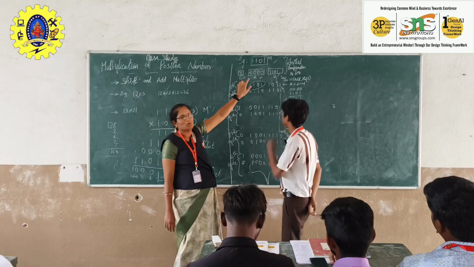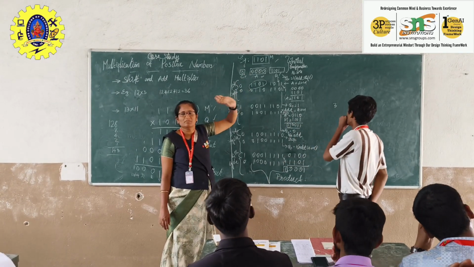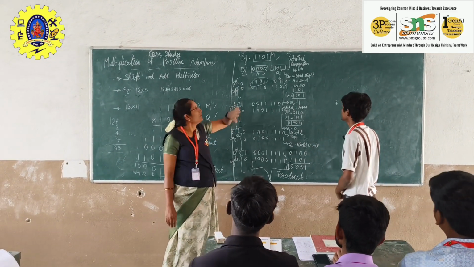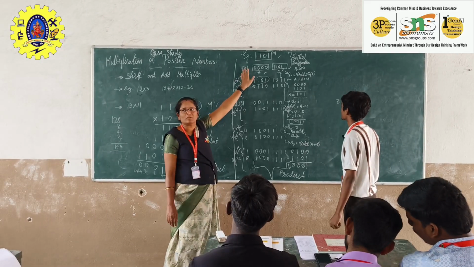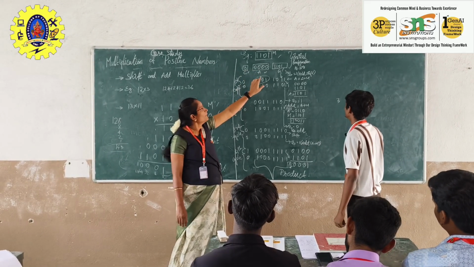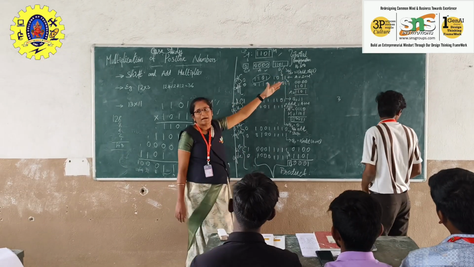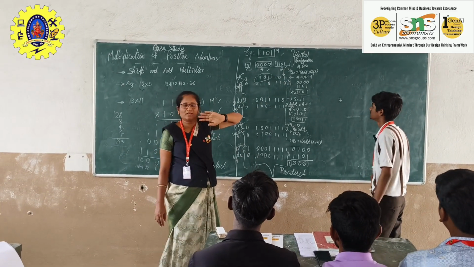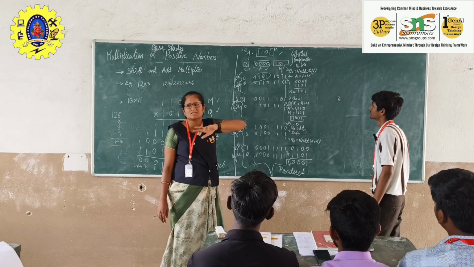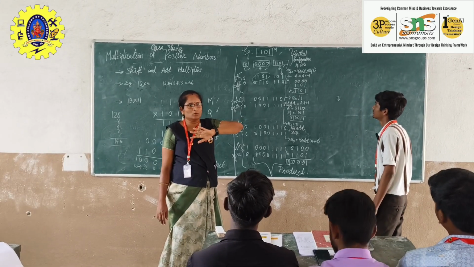Initially, the A register holds the value 0, and the carry bit is also 0. Based on the Q naught value, we perform either add and shift, or just shift alone.